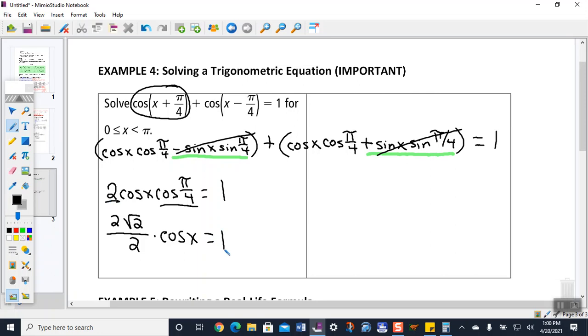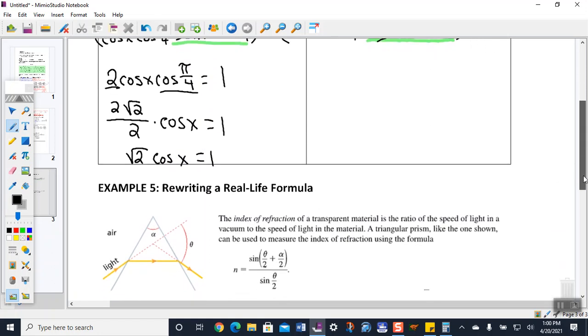Cancel. So we have root 2 times the cosine of x is equal to what? 1. Guys, in order for us to solve for that x, we got to get cosine of x all alone. So what are we going to have to divide both sides by? Square root of 2.